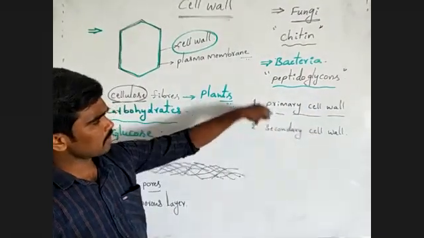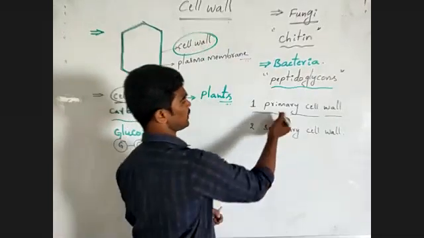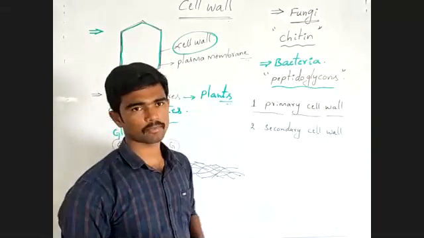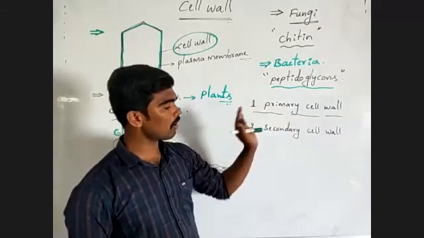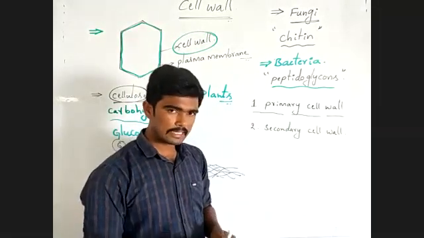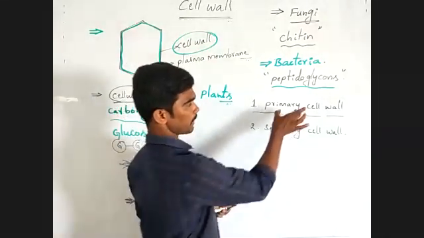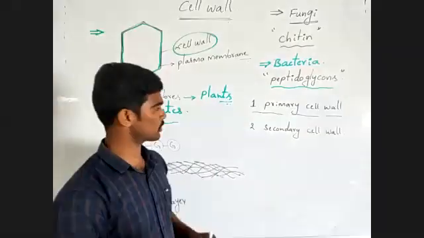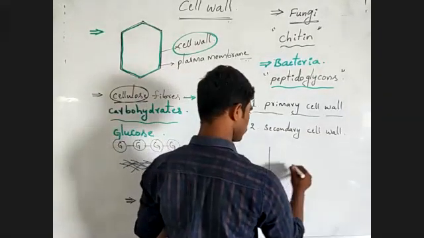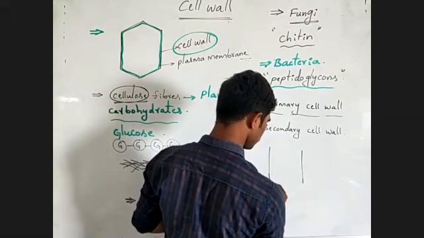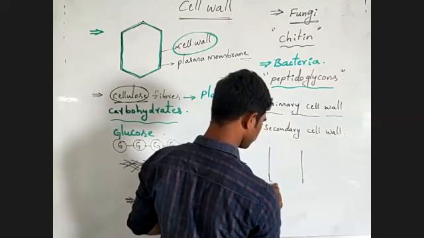What is the primary cell wall? The primary cell wall is present in all cells. In all young cells, the primary cell wall is present. It is the outer one. Now imagine this is a plant cell.